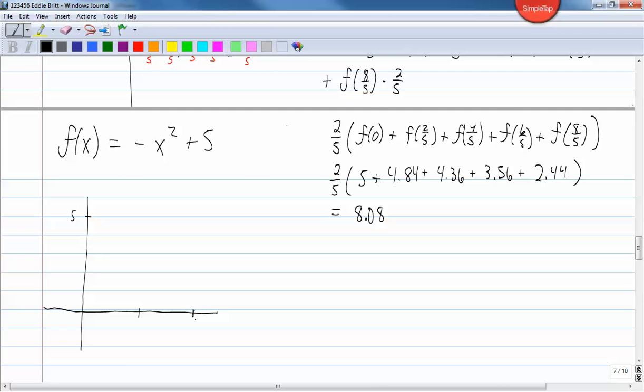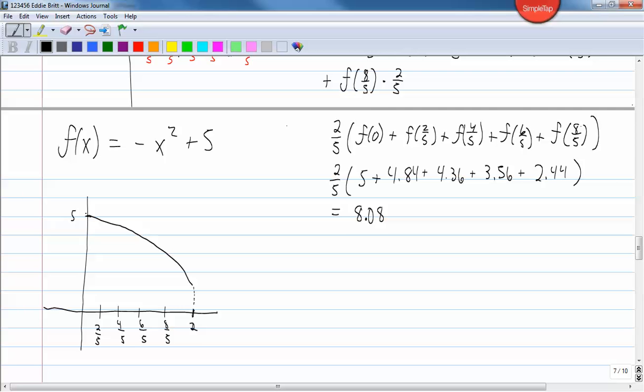We know what all these values are already. Okay. That's 2/5, 4/5, 6/5, 8/5, and 10/5, or 2. And that's where we stop. The function actually keeps going past 2, but we just want an estimate of the area below the curve.